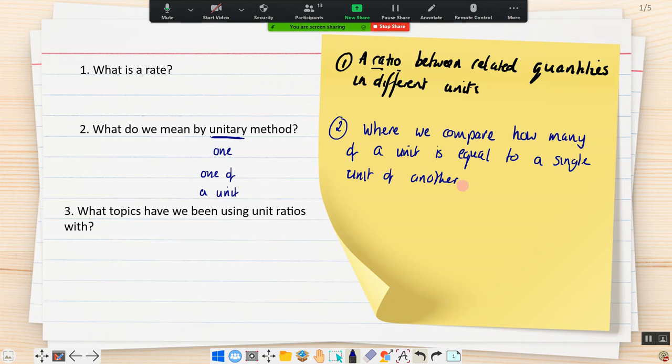Now, that's probably not as clear as I could have made it. Does that make sense though, guys?